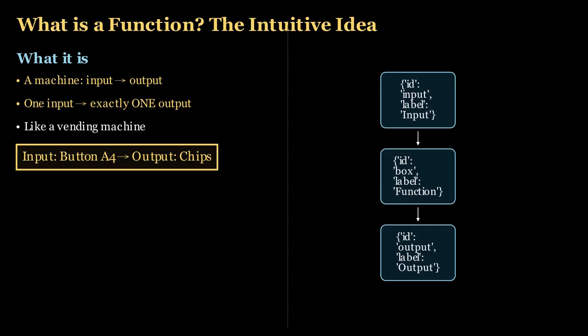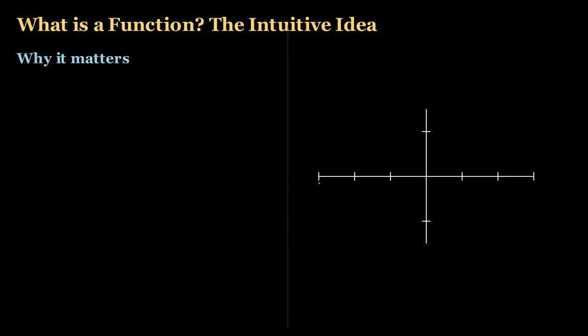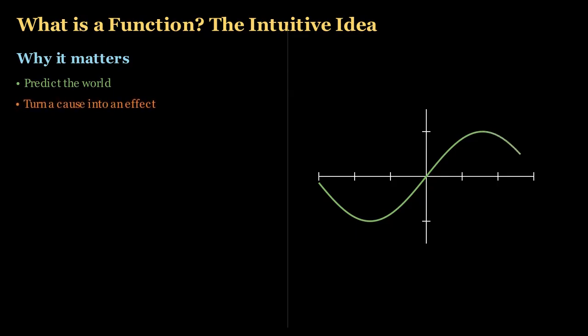Why do we care about this machine? Because the universe is full of cause and effect. You study for a certain number of hours, you get a certain test score. You push the accelerator pedal a certain amount, your car goes a certain speed. A function lets us capture that relationship, put it in a box, and use it to predict what will happen.